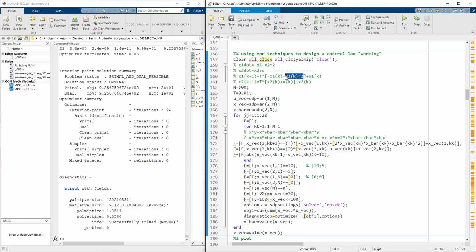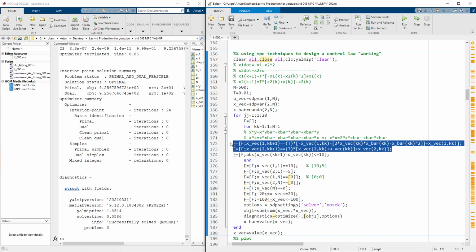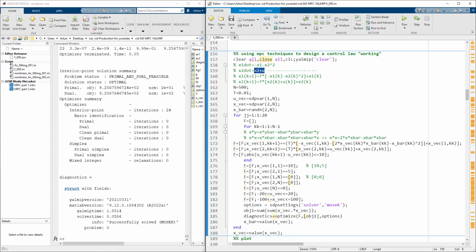Here we can see the x2 of k squared term, and we just changed it with this expression, using Taylor approximation. And the second constraint comes from this x2 dot dynamics.